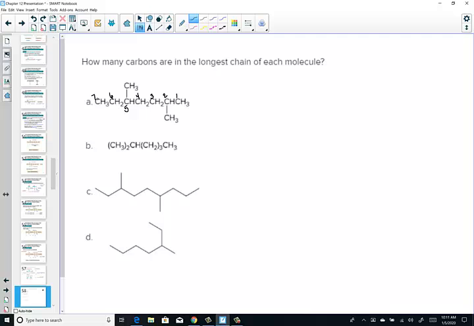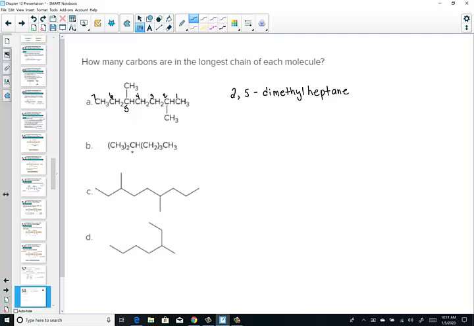The longest carbon chain I'm finding is 7 carbons long. At carbon 2 and at carbon 5, I have 2 methyl groups, so I use the prefix di to let you know they're identical groups. 2,5-dimethylheptane to let you know there's 7 carbons in the longest carbon chain.